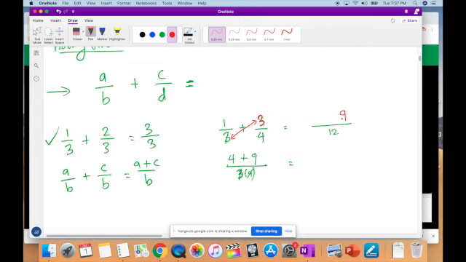Yeah? And then you multiply this side here. 4 times 1 is 4. And of course I put in the 4 on this side because that is the numerator I was dealing with. And then the addition sign goes in the middle. That's all you have to do.